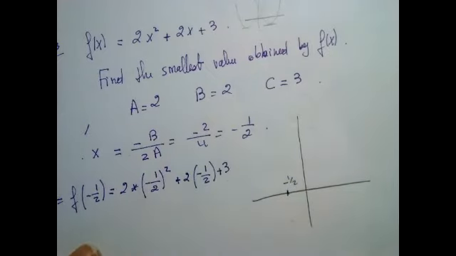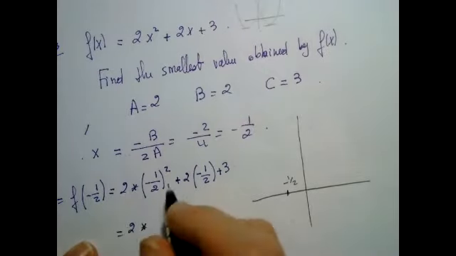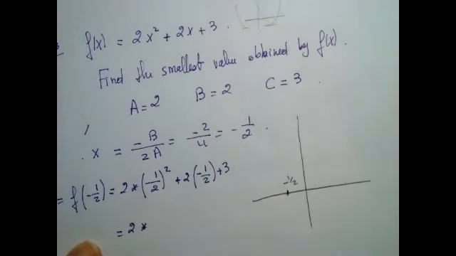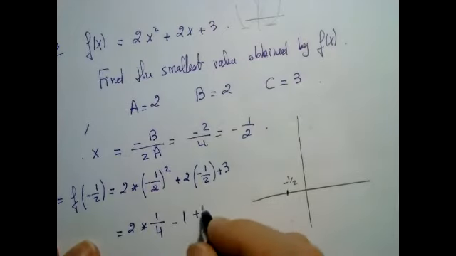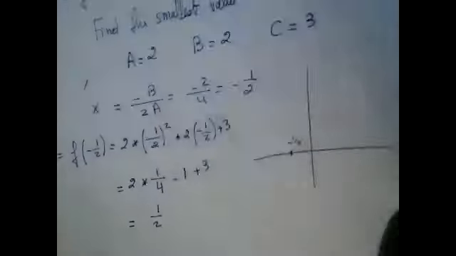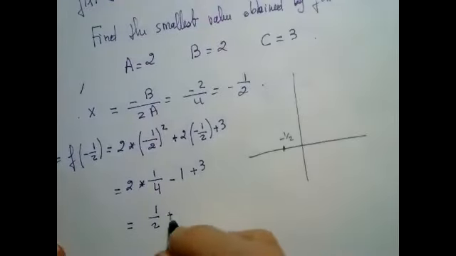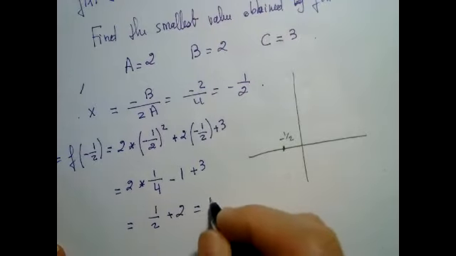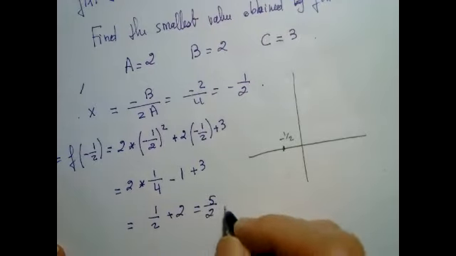Okay, and 5 halves. Now, minus a half squared means minus a half times minus a half, which is going to give me a half. 2 times minus a half is minus 1, plus 3. So I will get a half plus 2, common denominator, 5 halves.